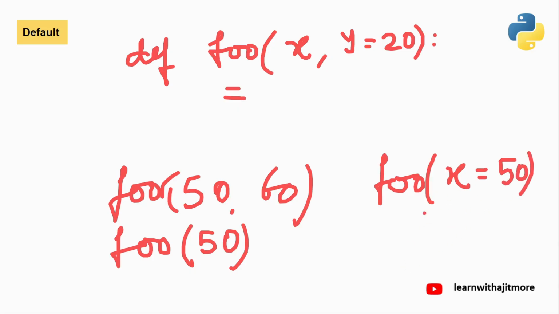Means you can pass it by keyword also. Right? And there is a rule in this case also: whenever you give any default value to a parameter, then all the remaining should also have default. Once you start giving default, all the remaining should have default.